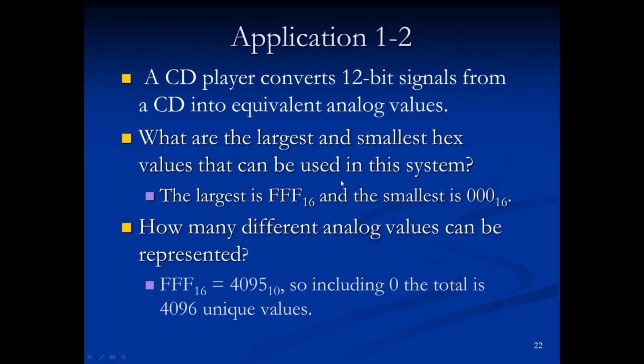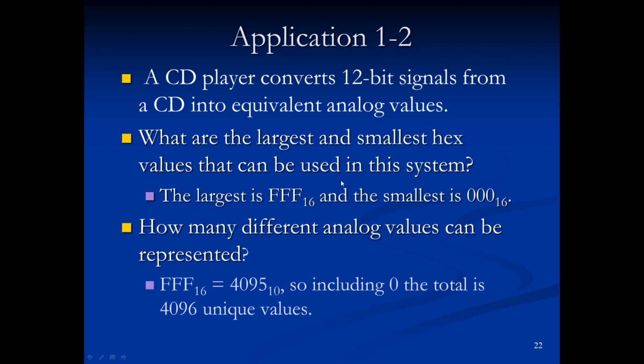So then another example. So enough about the tanks and stuff. Let's move on to a CD player, we'll say. It's converting 12-bit signals from a CD into equivalent analog values. It's asking what the largest and smallest hex values are that can be used in the system.